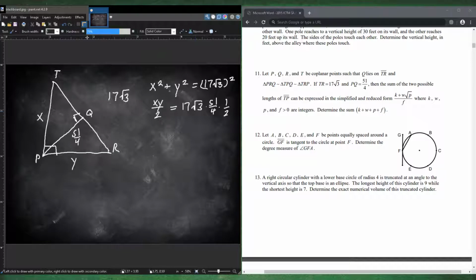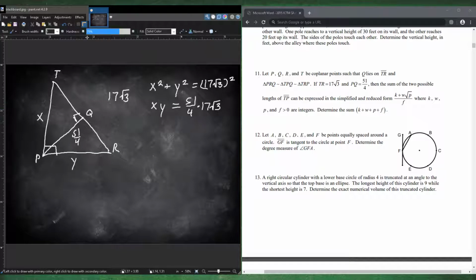Well, we've been doing so for some other questions too, right? So we could just cancel out those 1 halves because we actually don't need them. So we have x times y equals 51 over 4 times 17 square root 3.